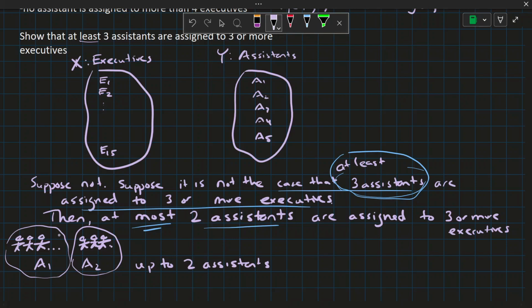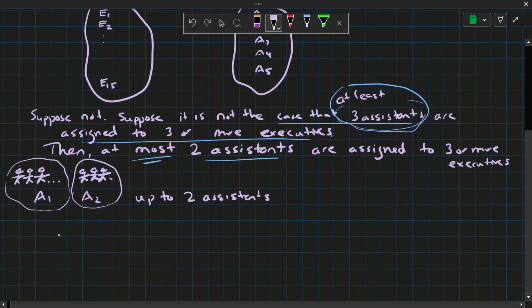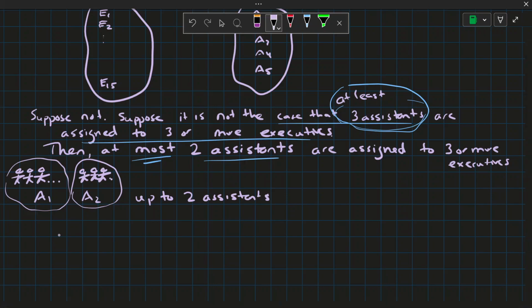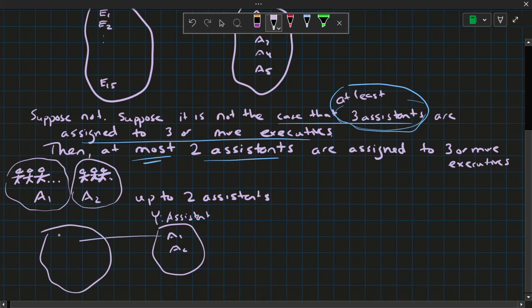And with those two bubbles, this is a version of the contrapositive of the pigeonhole principle. We're saying for each of these two y's in our assistant group, A1 and A2, they have at most 3 in their group.